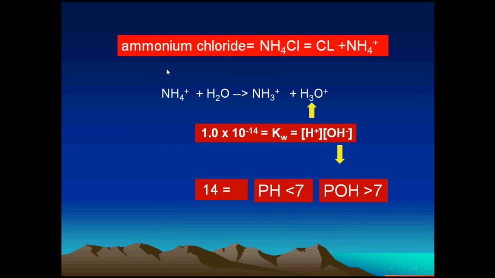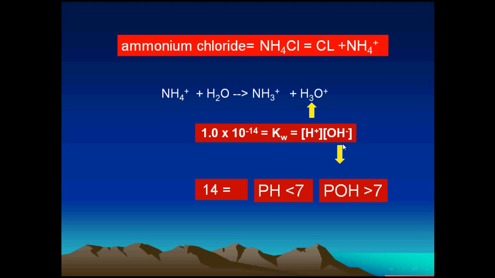If we look at ammonium chloride, if it is dissolved in water, what is the pH? Ammonium chloride will dissociate into chloride and ammonium, and ammonium will react with water or dissociate in water to give us ammonia and hydrogen ion or hydronium. This means that there is an increase in the hydrogen ion, so the pH will be less than 7.